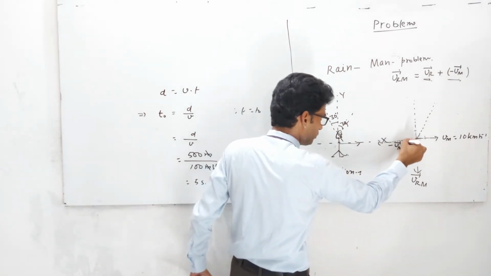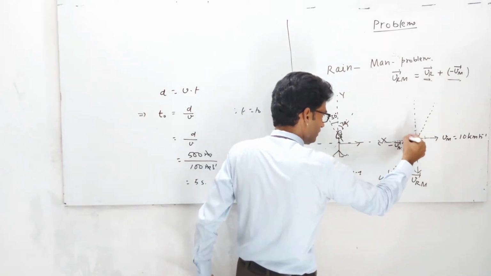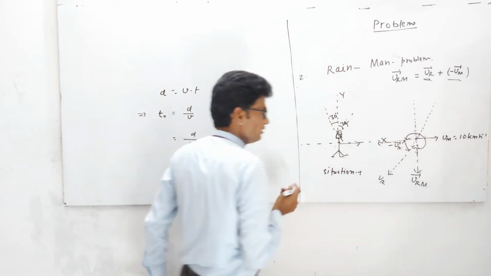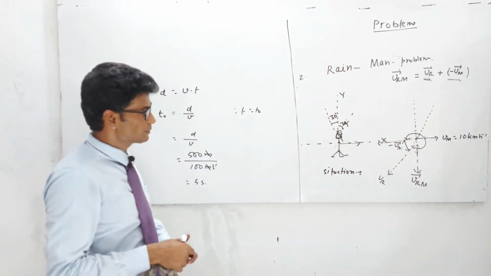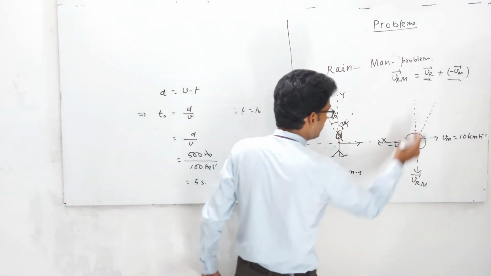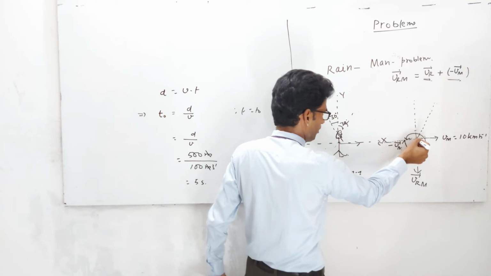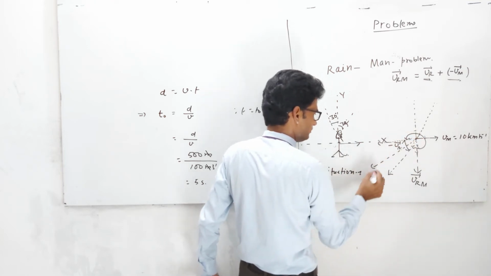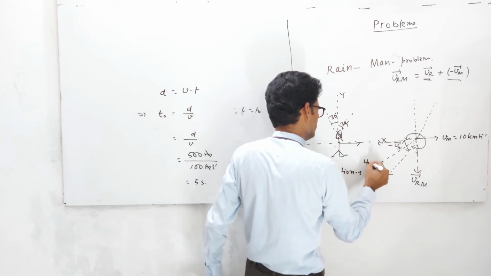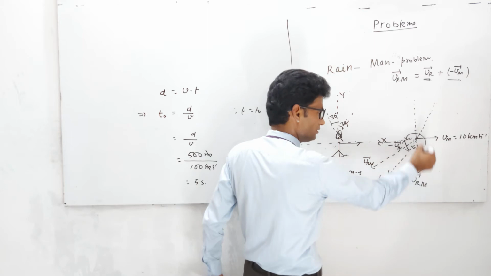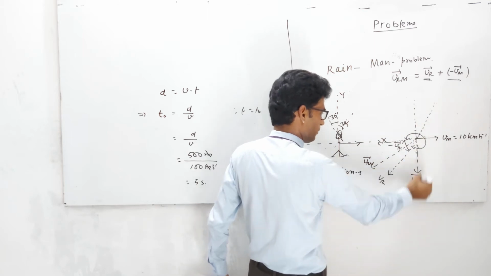This is the angle, and that is the angle as well. As we know, the smaller of these two may be taken as the angle between the vectors. So the velocity of rain with respect to man passes through somewhere here. But this is the velocity of rain with respect to man.